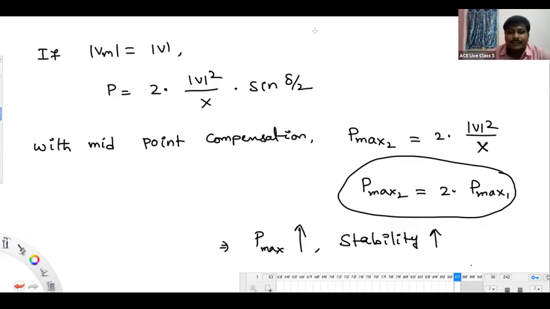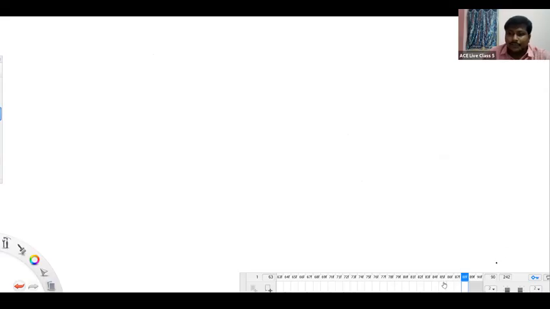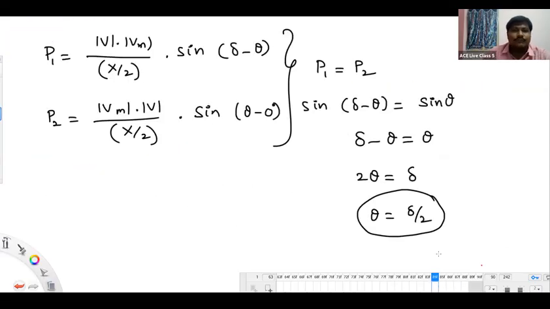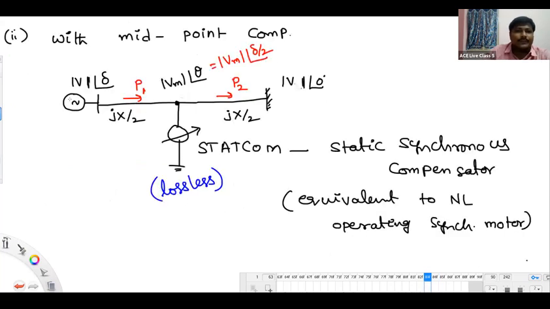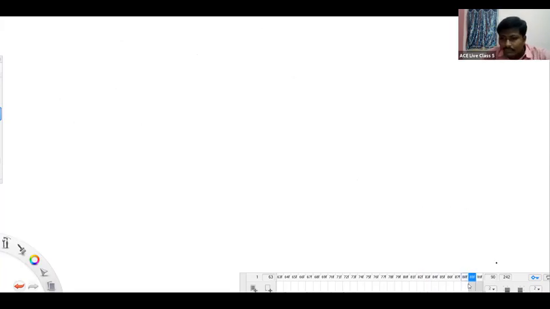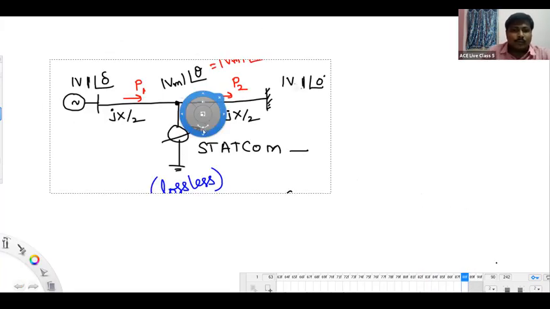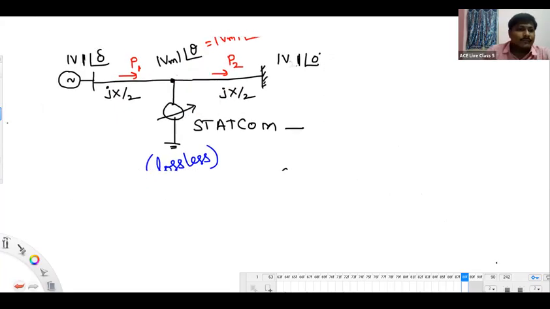Next thing. See, in the examination, anywhere in the exam, if you find this type of model, a very simple comment I am making now.